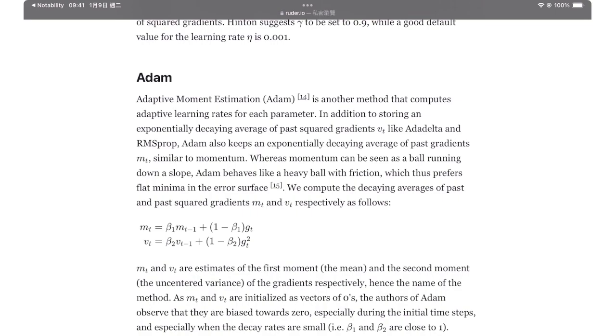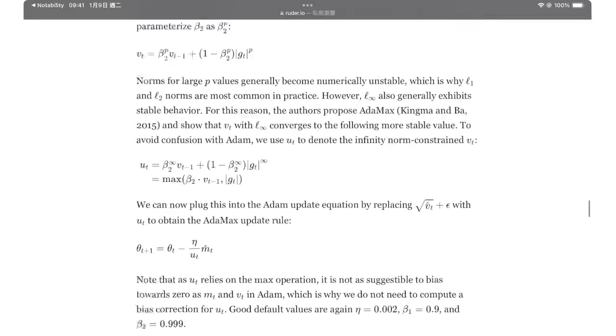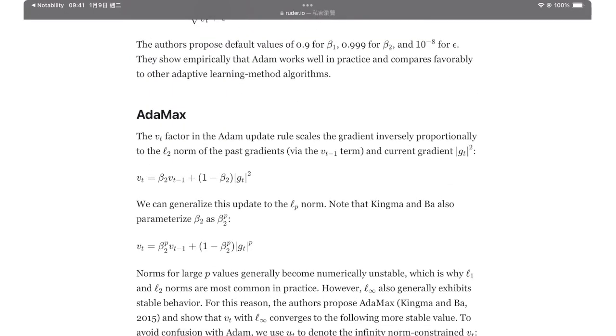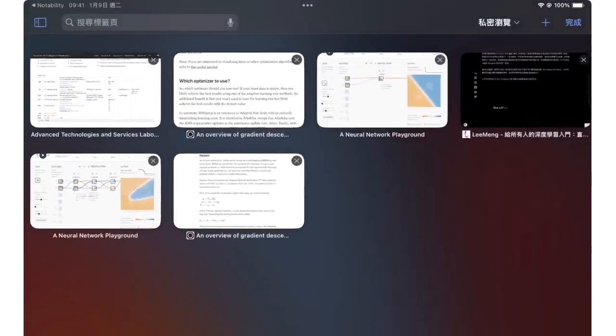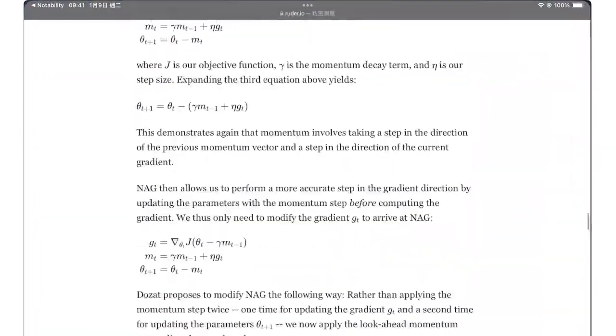So it includes two different concepts. It is a nice optimizer. It has adaptive learning rate. It has the concept of momentum. Of course, there are some other optimizers, but we don't use them quite often.